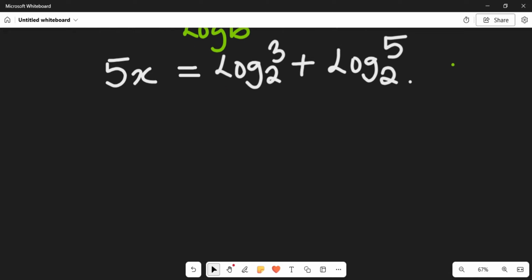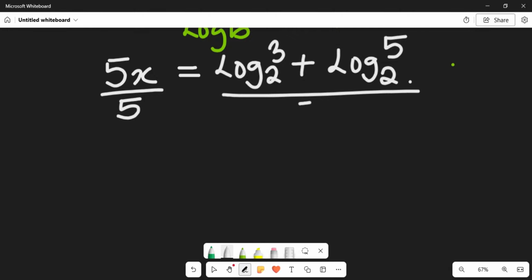So, from this expression, we can easily find the value of x. Now, when we divide both sides by 5, the 5 will cancel out 5.